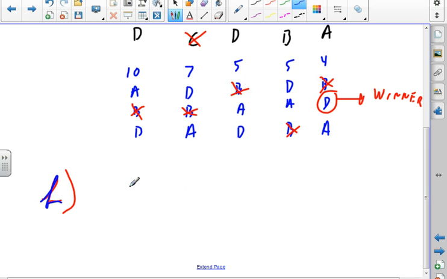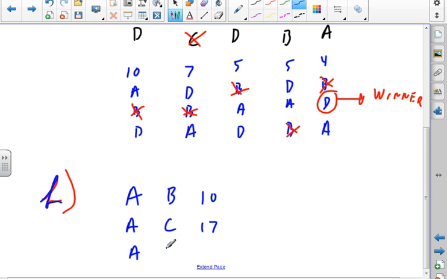All right, so A is preferred over B. How many times? 10 times. A is preferred over C. How many times? 17.